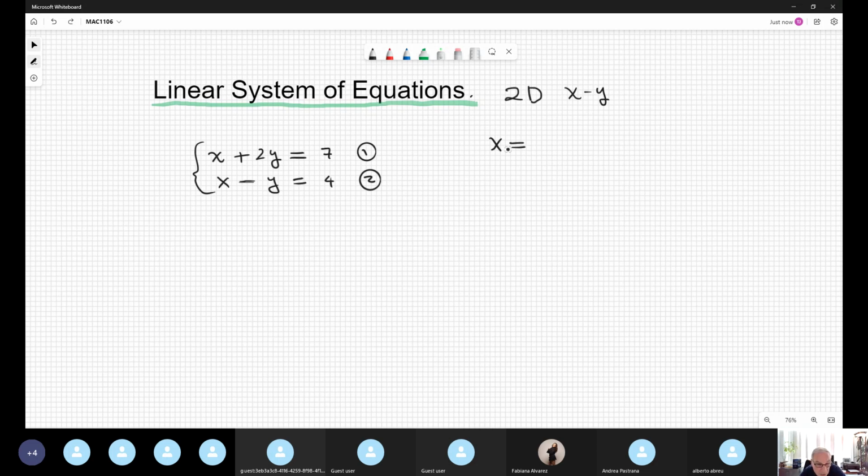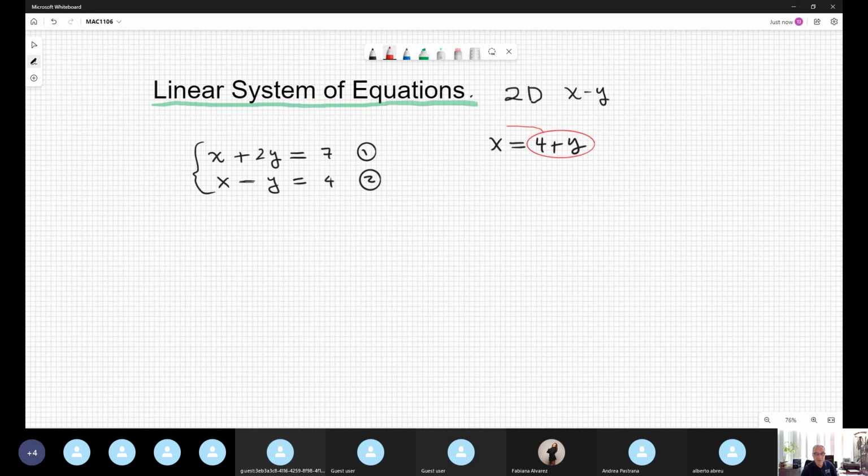So now you take equation number 2. In my opinion, it's easy. I solve for x. Entonces x equals 4 plus y. I move the y to the right hand side. Now in that moment, substitution is the idea for this method.